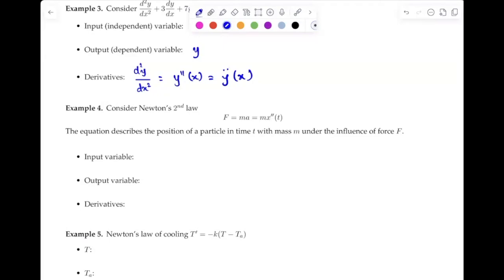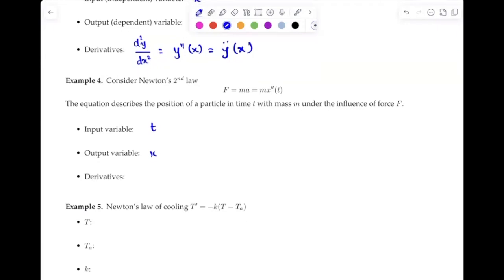The independent variable here is the time variable, so t is the independent variable, and the position function x is the output variable. The derivative here is x double prime of t. I just want to write this down a few more times so that you can get familiar with the process. So x double dot.